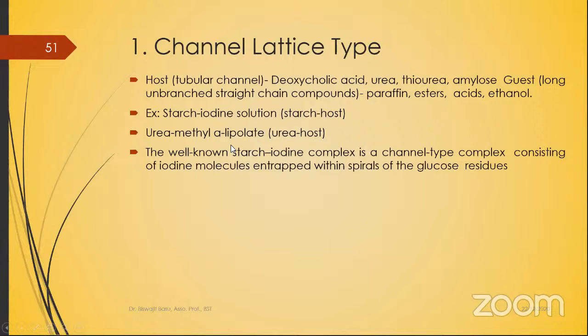Then urea with methyl alpha lipolate. In this case, urea is the host. The well-known starch iodine complex is a channel type complex consisting of iodine molecules entrapped within the spiral of glucose residues. Okay. So it is very easy to remember: deoxycholic acid with ester, and starch with iodine.